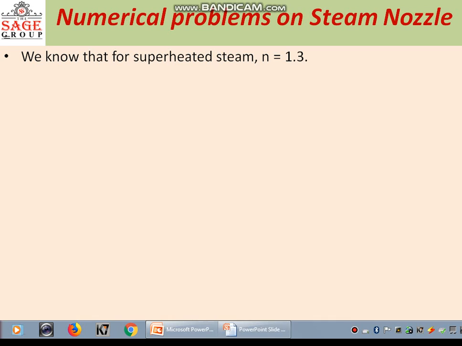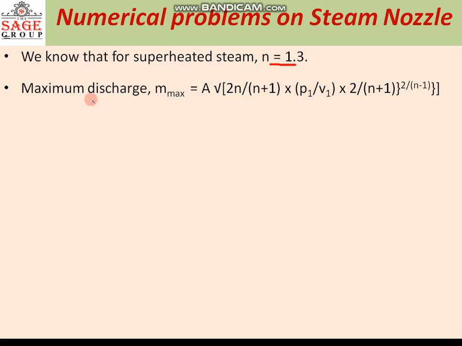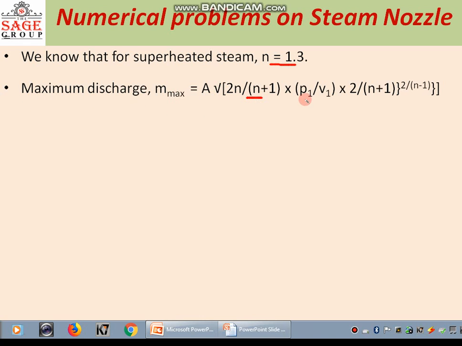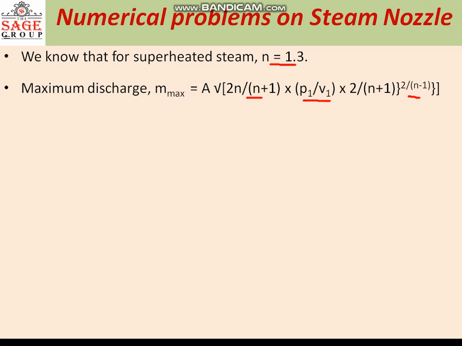Now we know that for superheated steam the value of n equals 1.3. So maximum discharge m max equals A square root of 2n by n plus 1 into P1 by V1 into (2 upon n plus 1) whole to the power 2 upon n minus 1.